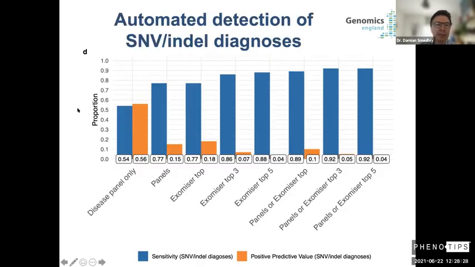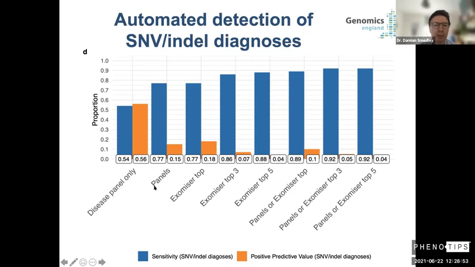And then looking at how the bioinformatics automated pipeline was able to help in detecting these diagnoses, just looking at the SNV diagnoses in this slide. When we look at how often the diagnosis was actually present in the disease virtual panel that was applied, 54% of the SNV diagnoses were detected in the disease panel.